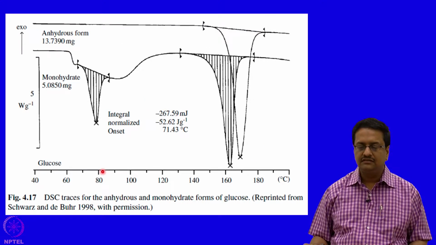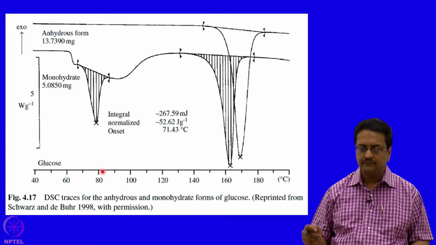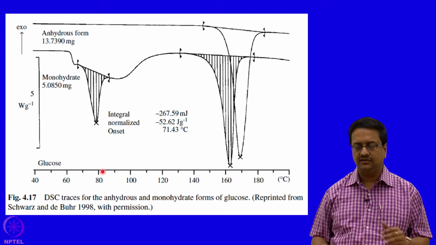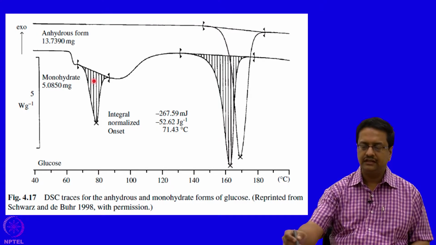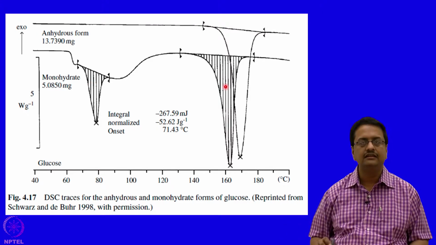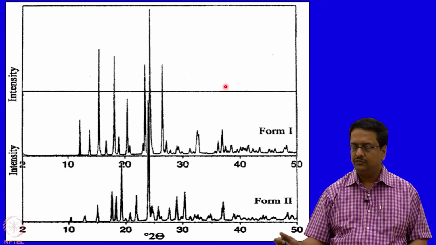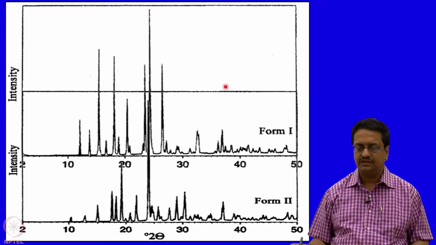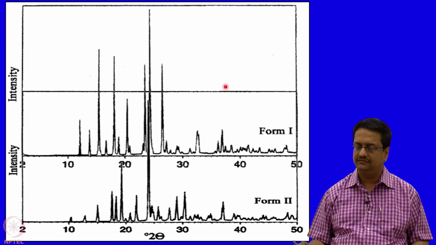So, with TGA and DSC together, one can identify that the solvent loss is associated with a heat transfer and a melting as well. Now, the most important method of identifying different crystalline phases is to do powder X-ray diffraction.